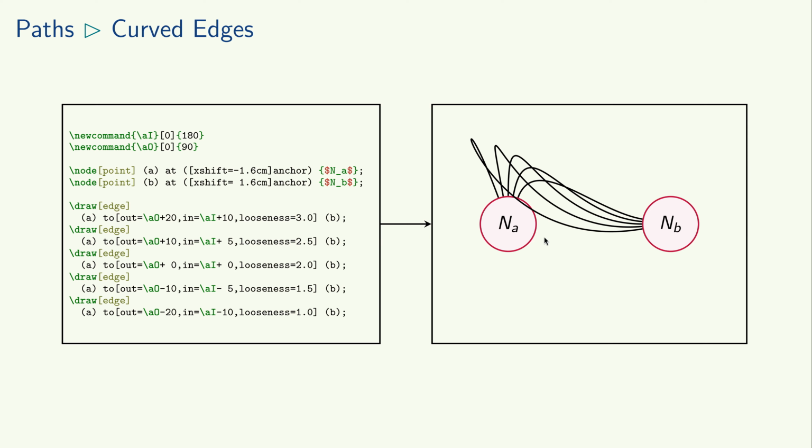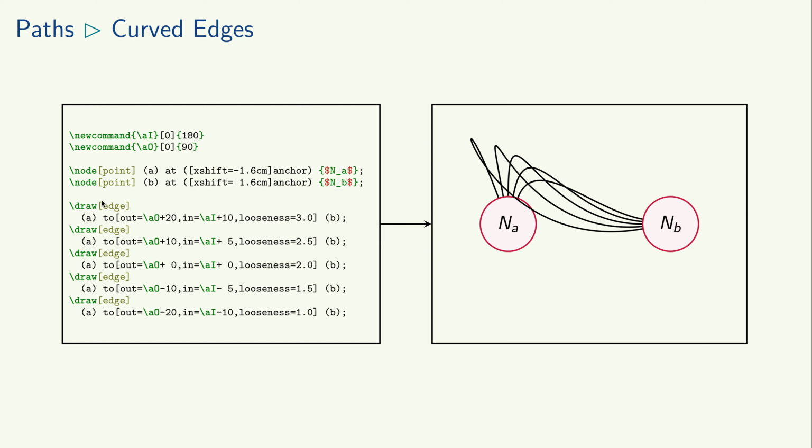The outgoing direction is centered around 90 degrees. That is AO. The incoming direction is centered around 180 degrees. AI for incoming.